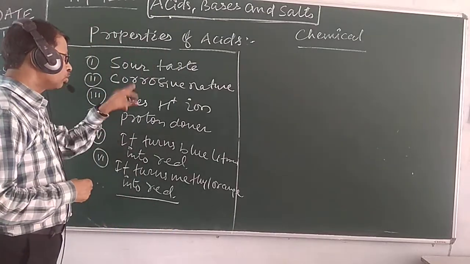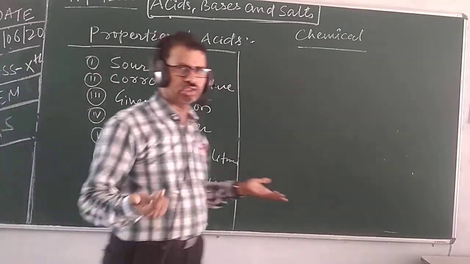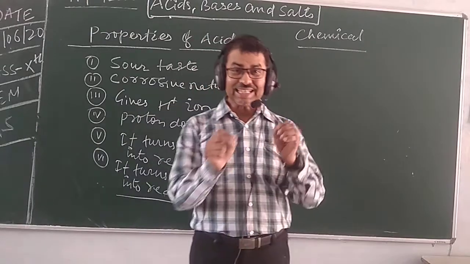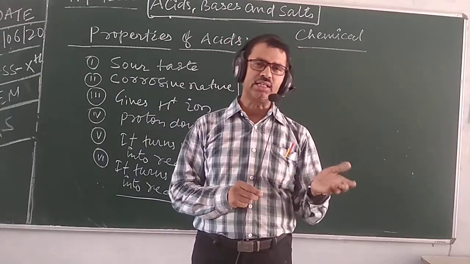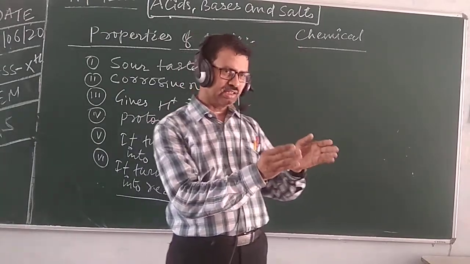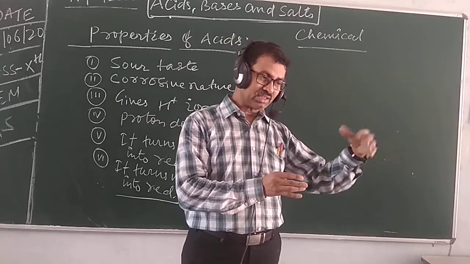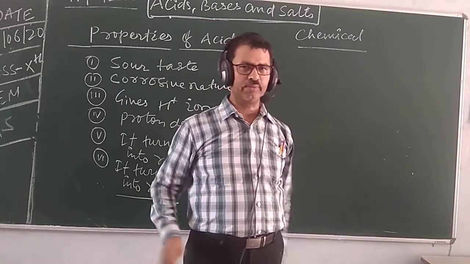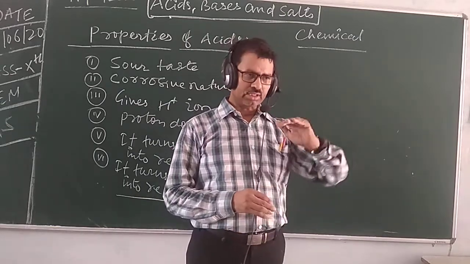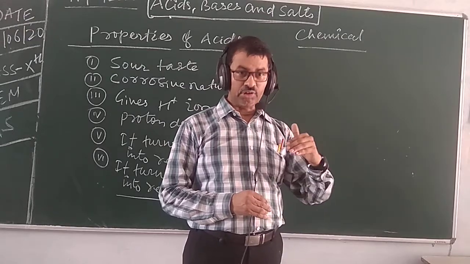Next is corrosive nature. What is the corrosive nature? Corrosive nature means eating and burning nature. What is the eating and burning nature? It means if by chance acid is poured on your skin or anywhere, that layer will burn.